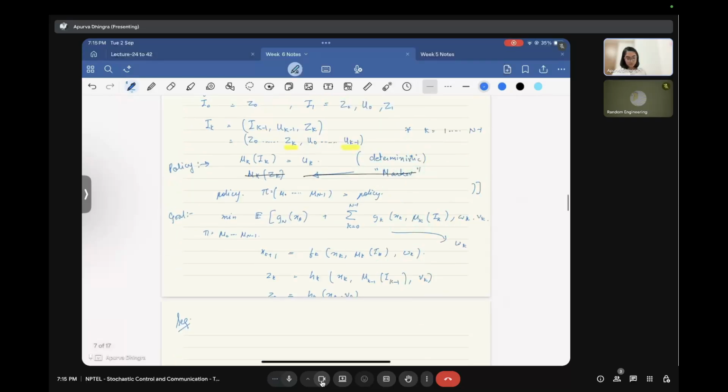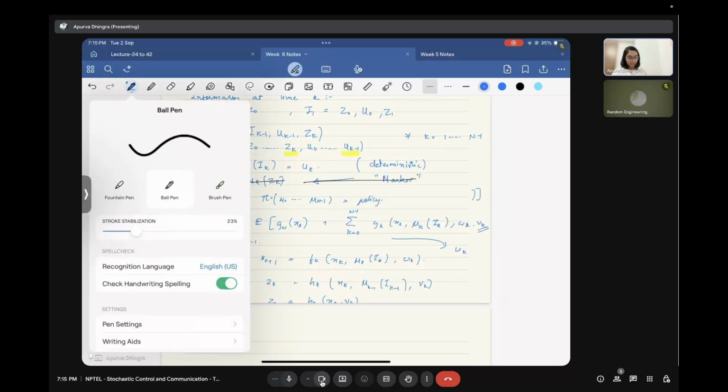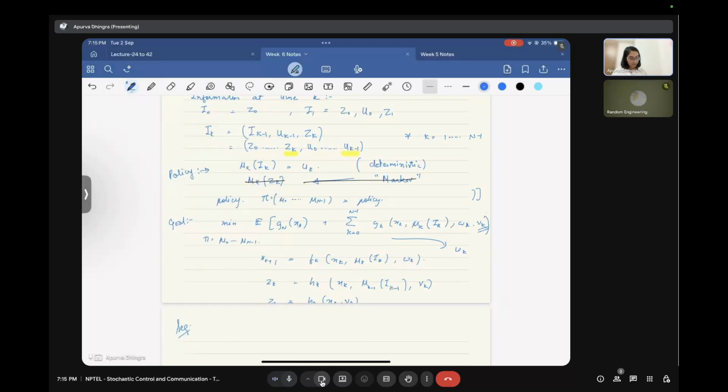We'd be trying to optimize some cost function where this is the terminal cost, this is the other cost. This cost, now you notice, has dependence on vk also. That's the general framework.